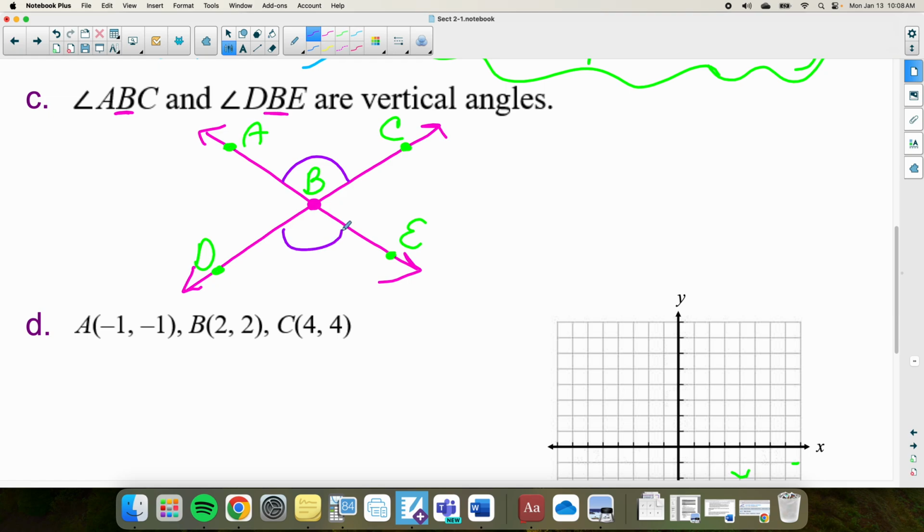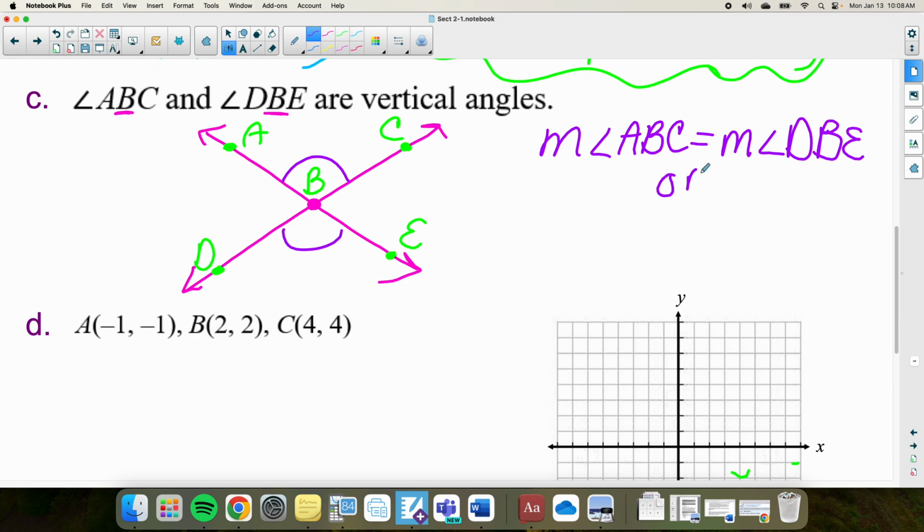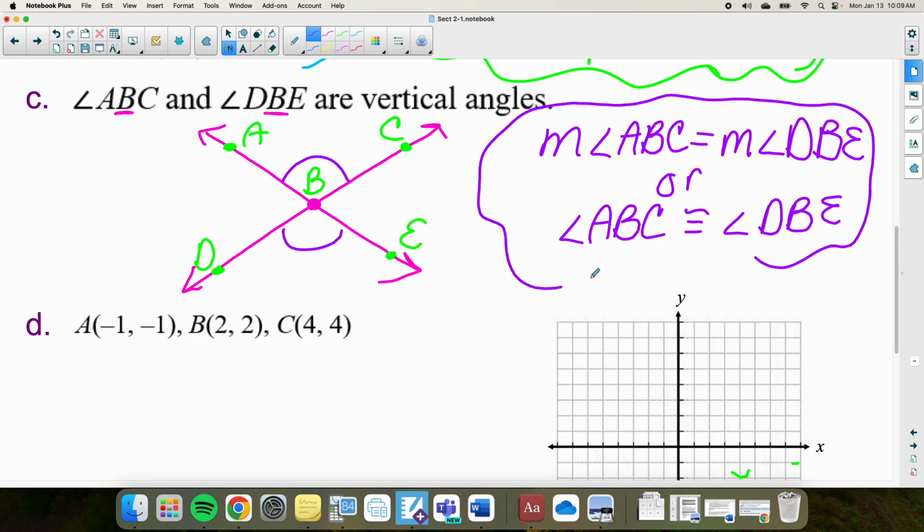Those two angles, if they're vertical, are congruent. So what we could say is the measure of angle ABC equals the measure of angle DBE. Or if you wanted to, you could say angle ABC is congruent to angle DBE. So you'd have to remember from chapter 1 that vertical angles are congruent. Okay?